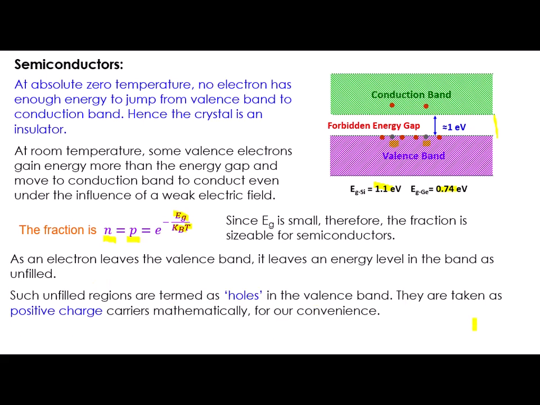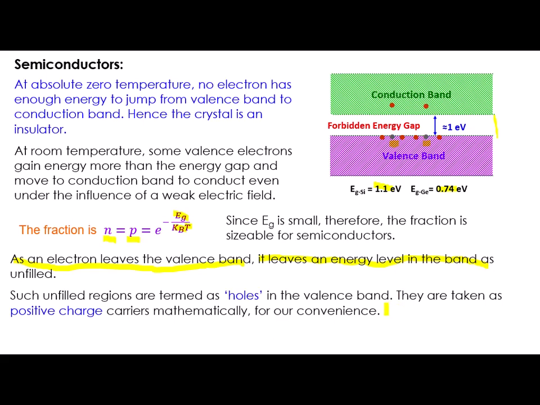Now, let me recap whatever I told. As an electron leaves the valence band, it leaves an energy level in the band unfilled. Such unfilled regions are termed holes in the valence band. They are taken as positive charge carriers mathematically for our convenience.